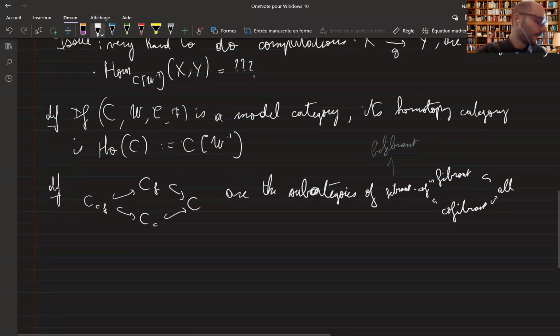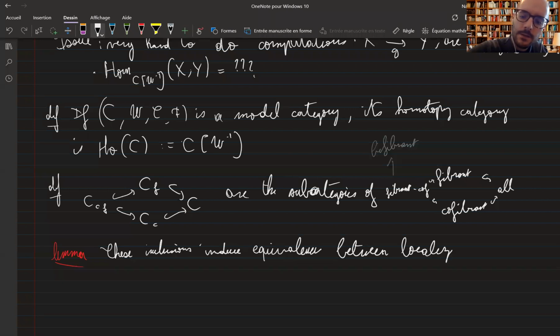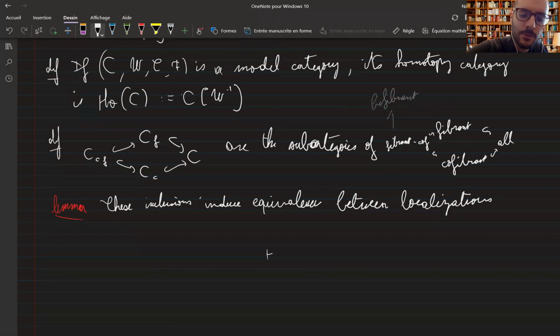Okay. So before we go on, let me prove this lemma. These inclusions induce equivalences between localizations. So you have the homotopy category of C, which is C[W^-1].